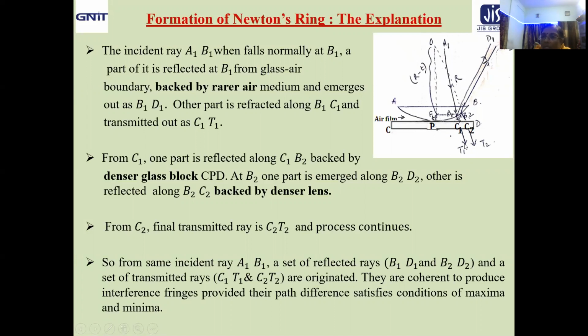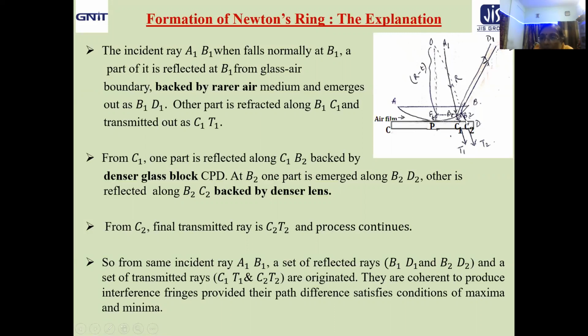beam along C1 T1. At C1, one part is transmitted or refracted along C1 T1. The other part is reflected along C1 B2, which is backed by the denser glass plate. Now at B2, one part will emerge out as B2 D2. The other part will be reflected along B2 C2, backed by the denser lens.